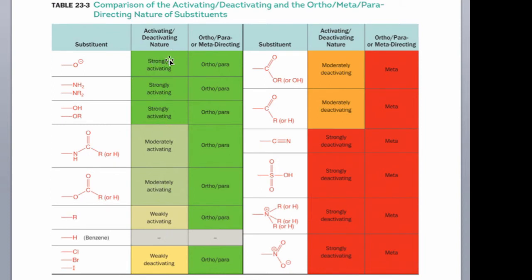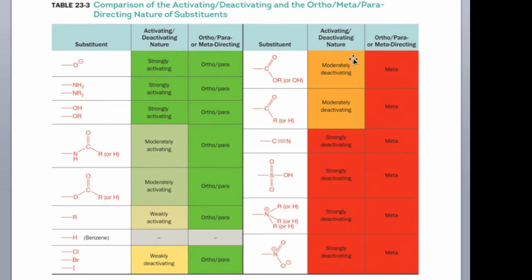They're activating with O- being the most strongly activating, and they direct ortho-para to themselves for the next substituent on the benzene ring. Halogens weakly deactivate the ring, that is, the ring reacts a little bit slower than benzene itself, but they still direct ortho-para due to donation of the lone pairs of electrons on chlorine, bromine, iodine.